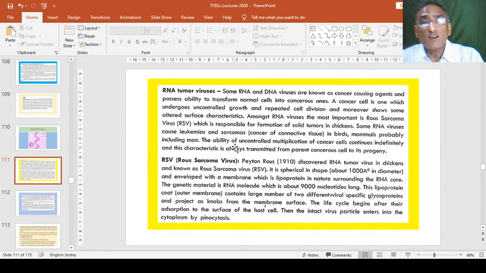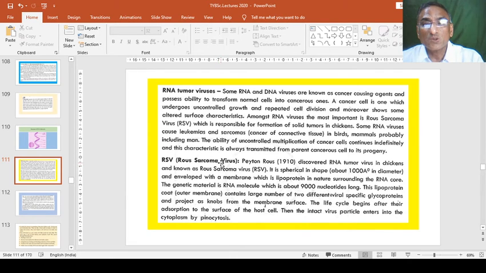The ability of uncontrolled multiplication of cancer cells continues indefinitely, and this characteristic is always transmitted from the parent cancerous cell to its progeny. RSV, Rous sarcoma virus.